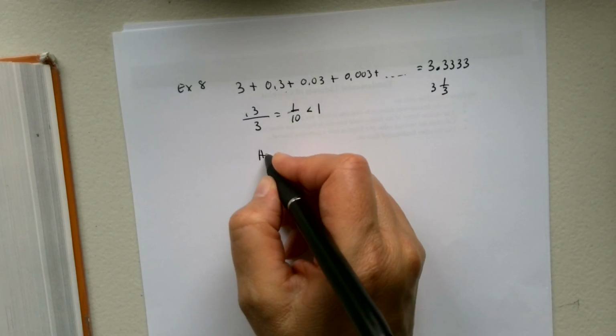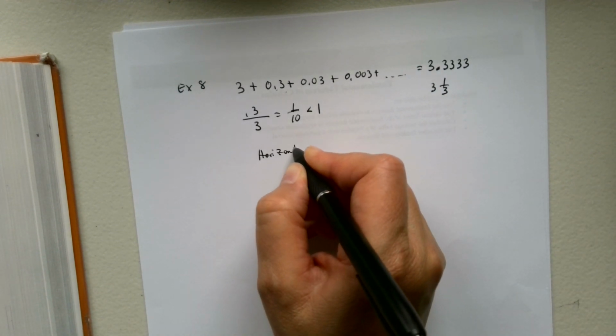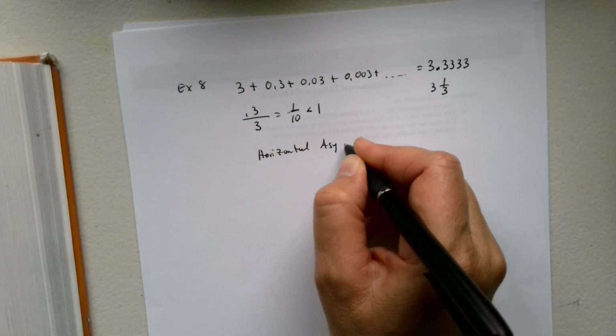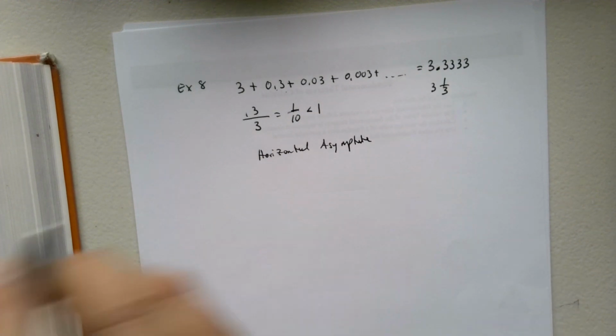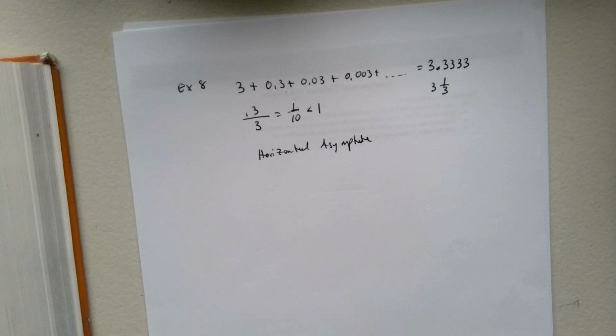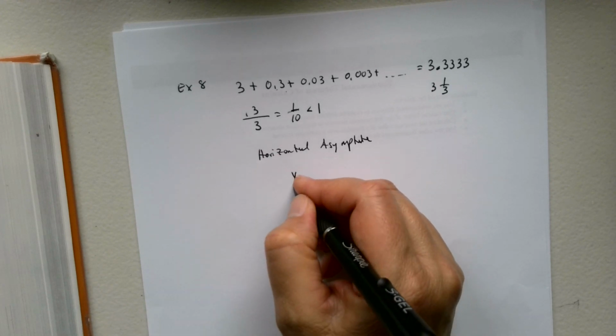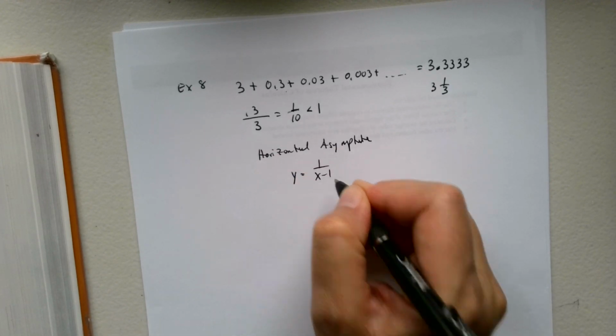This is very similar to the idea of the horizontal asymptote that we talked about back in chapter 2 when we had our rational functions like y equals 1 over x minus 1.